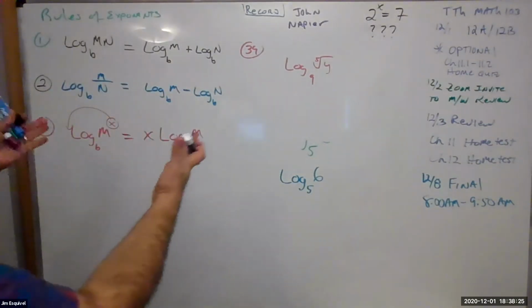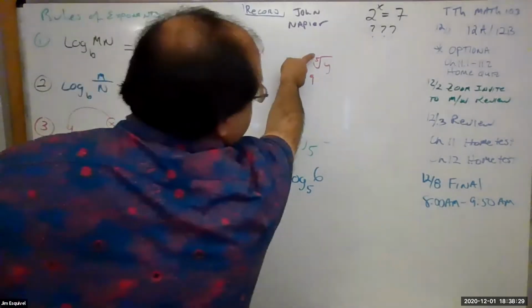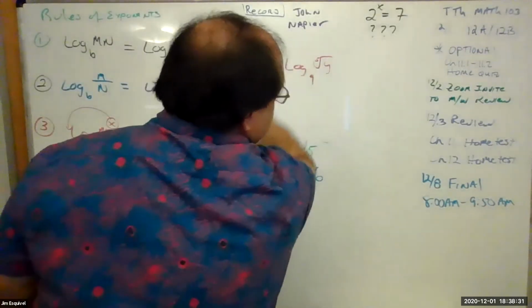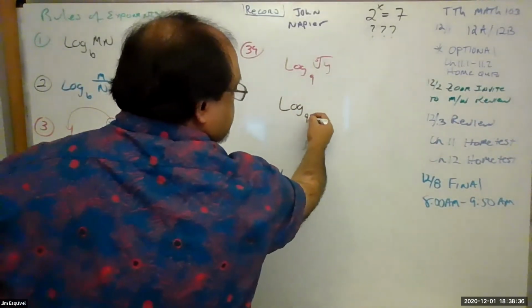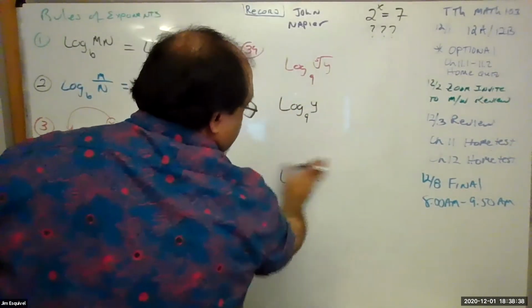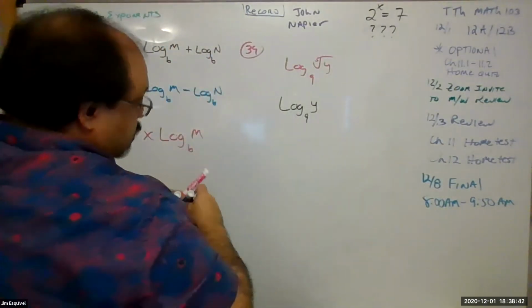None of this works with radicals. So you have to convert your radical into an exponent. So this is log base 9 of y to the what? What exponent is a fifth root?